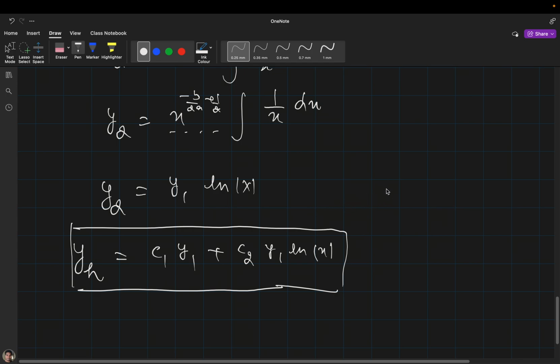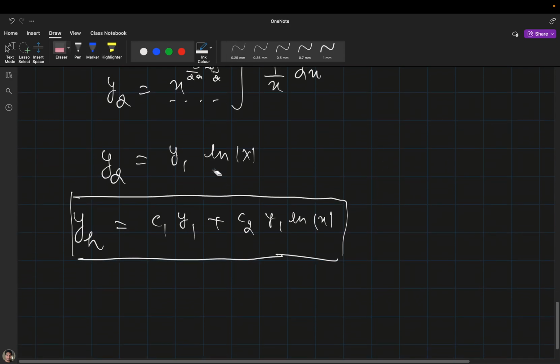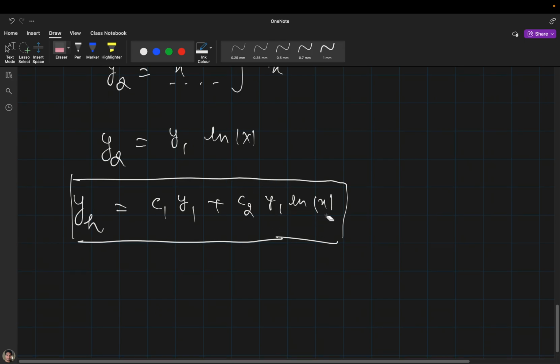It was c1 plus c2 x, times e to the power mx. Another solution was x times y1. Okay, so that was the case when coefficients are constant. But in this case, the solution will be y1 ln x.